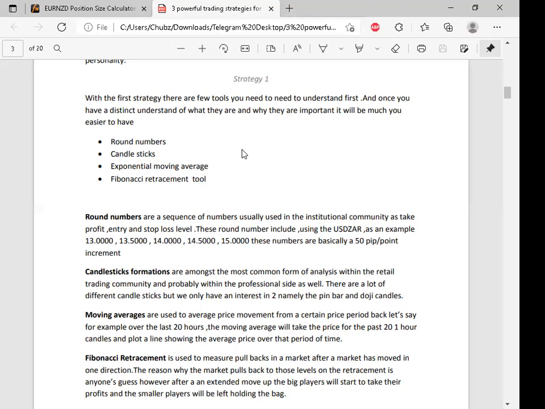So there are a lot of different candlestick formations, and you can try to learn them all. I mean, there are flags, there's a descending flag or ascending flag.